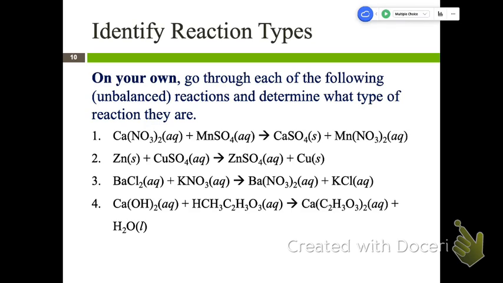Okay, about 1.5 more minutes to try to identify and balance the reaction. Did you balance this one, this first one?